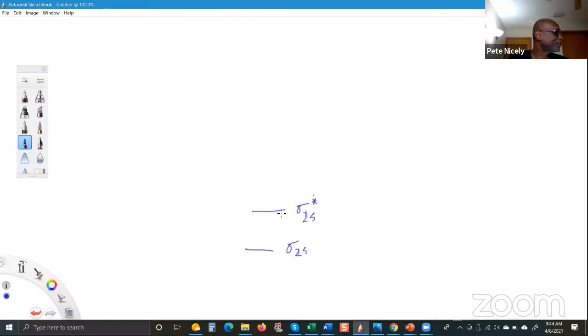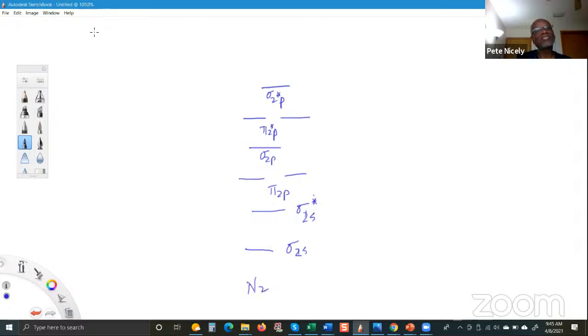And then the next set of orbitals would be the pi 2p bonding, and then sigma 2p bonding, and then the next would be the pi 2p anti-bonding, and then the next one would be the sigma 2p anti-bonding, all right? So these are the orbitals and how they're distributed in the case of the nitrogen molecule.